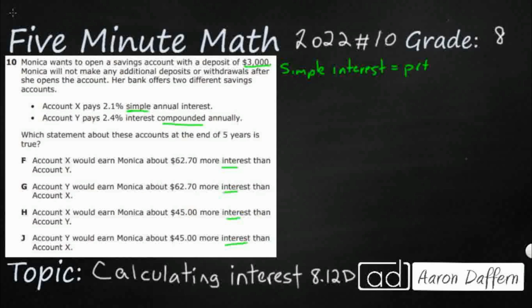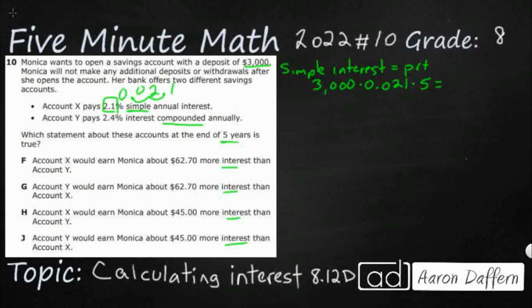The principal is going to be that $3,000. The rate for the simple interest, account X, is 2.1. We have to turn that into a decimal to multiply it, so that is 0.021. And we're going to multiply that by 5 years.